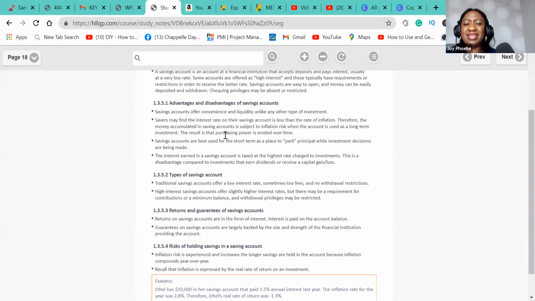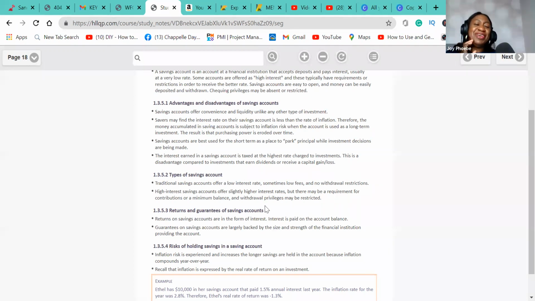Savers may find the interest rate on their savings account is less than the rate of inflation, of course. I don't know why they put this one under advantages and disadvantages. Yes, the interest rate is lower than inflation, so that is a known fact, right? Then, interest earned in a savings account is taxed at the highest rate charged to investment.